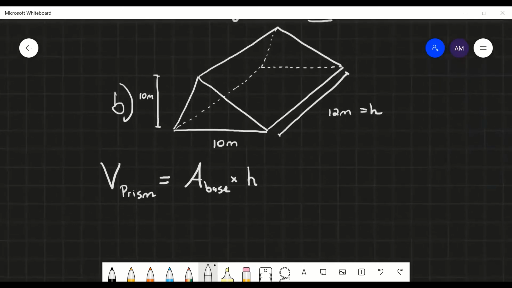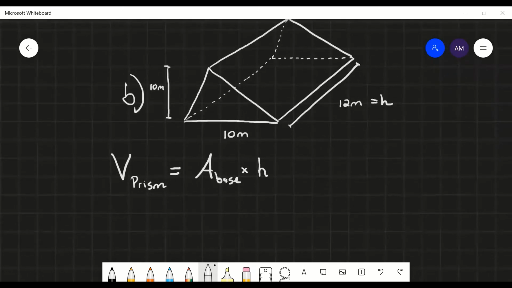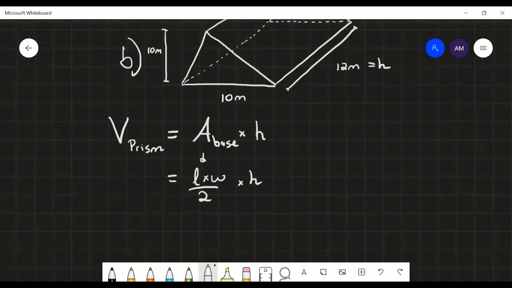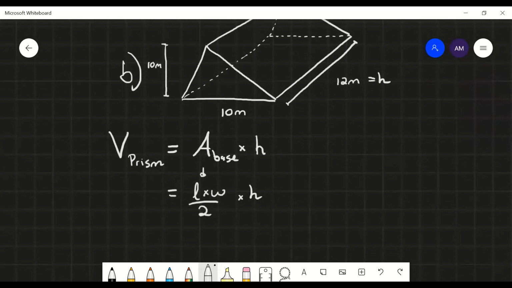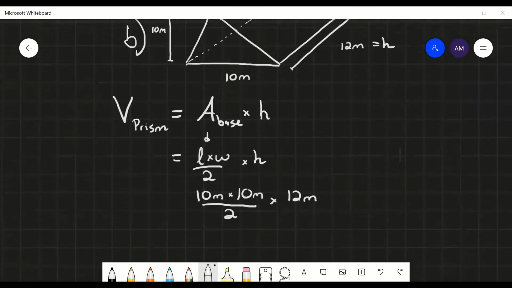Do you remember how to calculate the area of a triangle? Well, for a triangle specifically, it would be the length times the width divided by 2. So the length and width are both 10 in this example. So this would be 10 meters times 10 meters divided by 2 times a height of 12 meters.